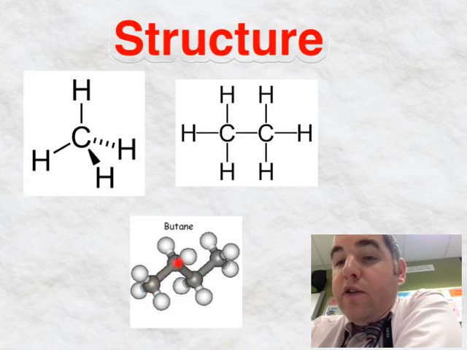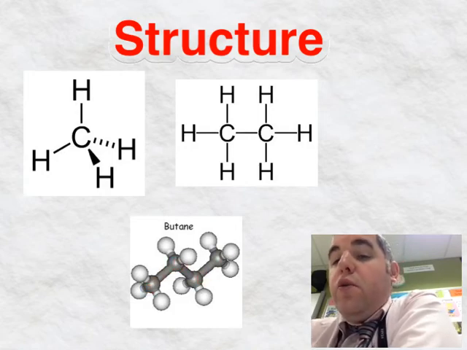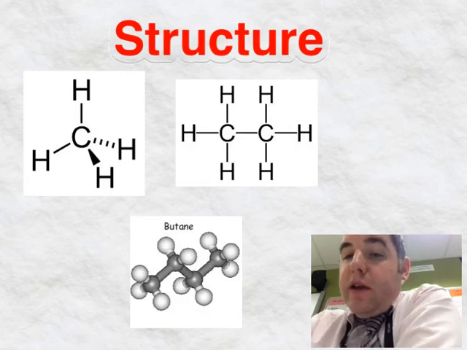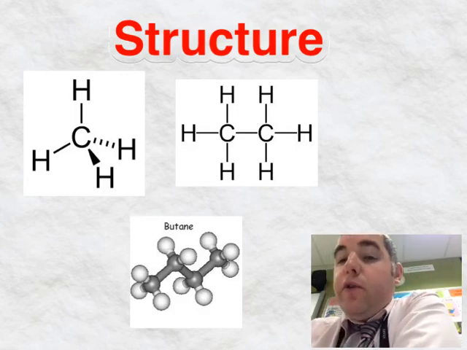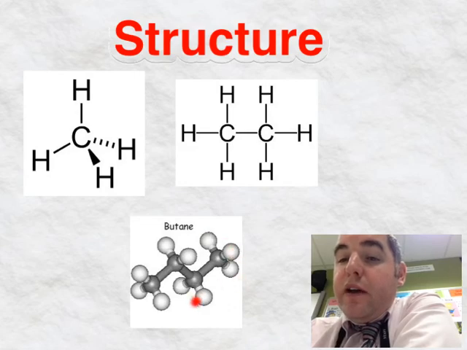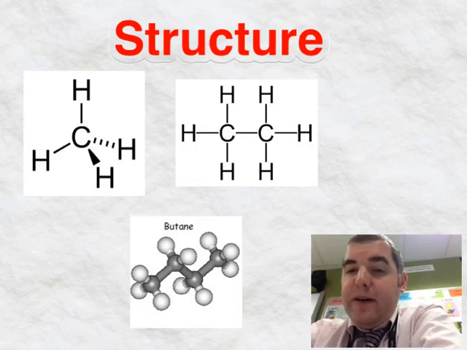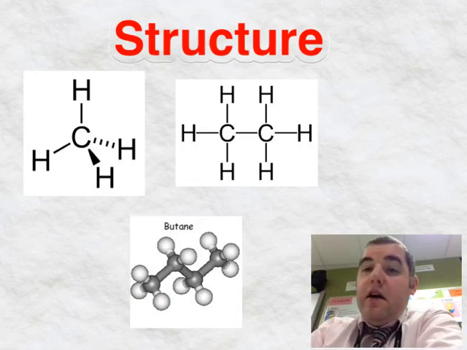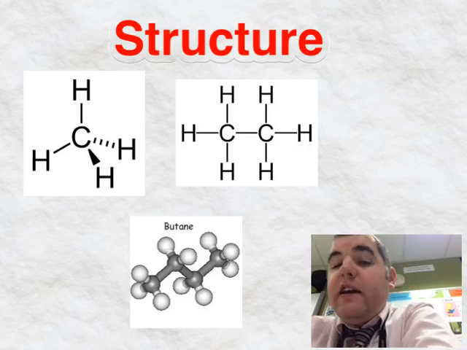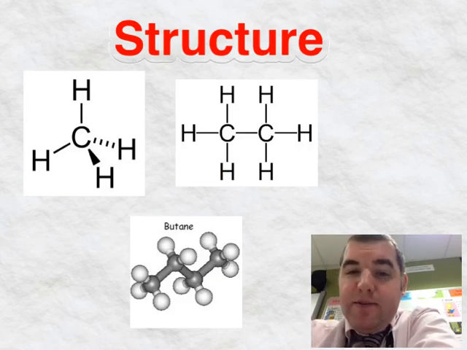So we've got 1, 2, 3, 4, which is butane, and then 2 times 4 is 8, plus 2 is 10, so we've got 10 hydrogens on there. So these are the possible structures you may see for the alkanes.